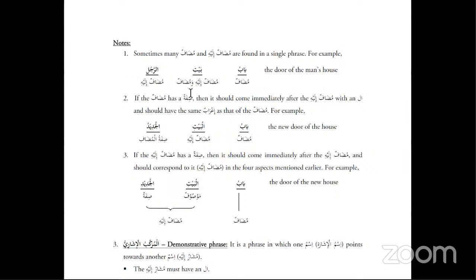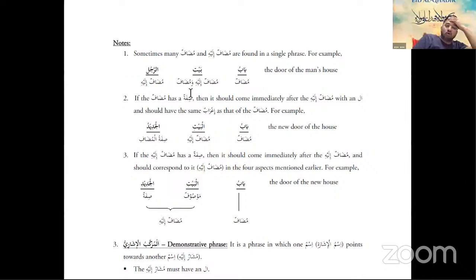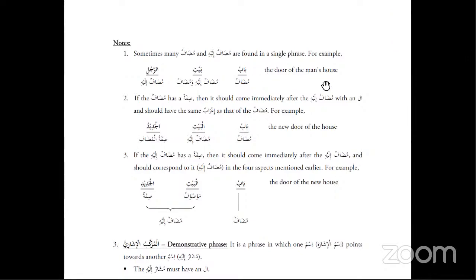Babu is mudaf. Bayti is mudaf ilayh wa mudaf. Ar-rajuli is mudaf ilayh. So there's a double mudaf, mudaf ilayh in the sentence. The door of the man's house.